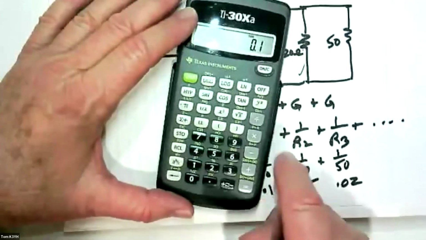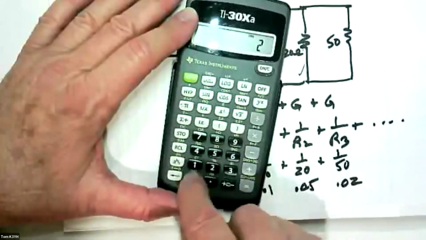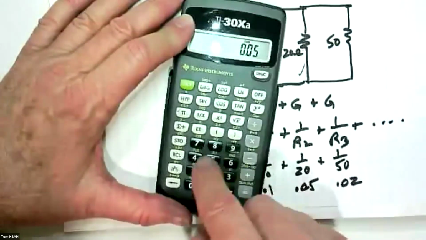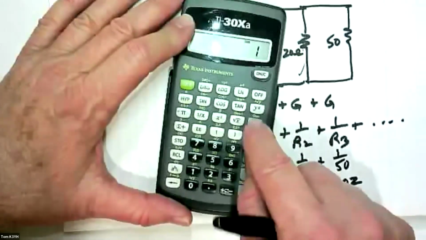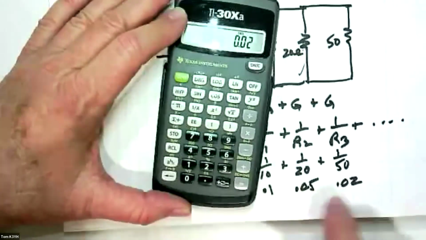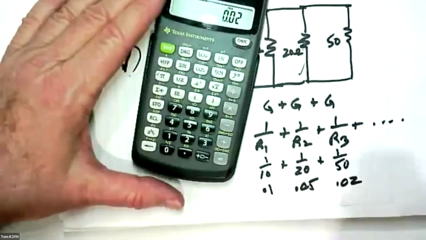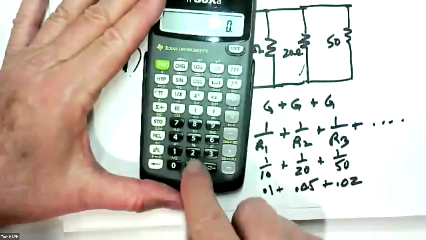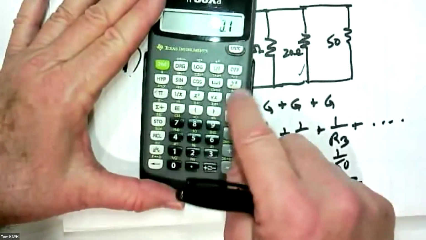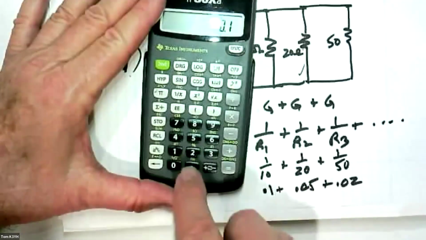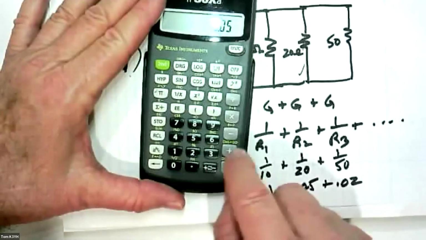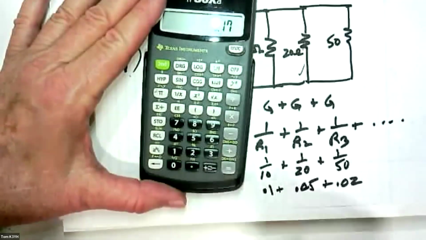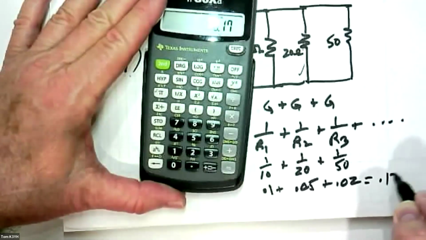The next one is 1 divided by 20, 0.05. And the next one is 1 divided by 50, 0.02. So if I add those up: 0.1 plus 0.05 plus 0.02 equals 0.17.